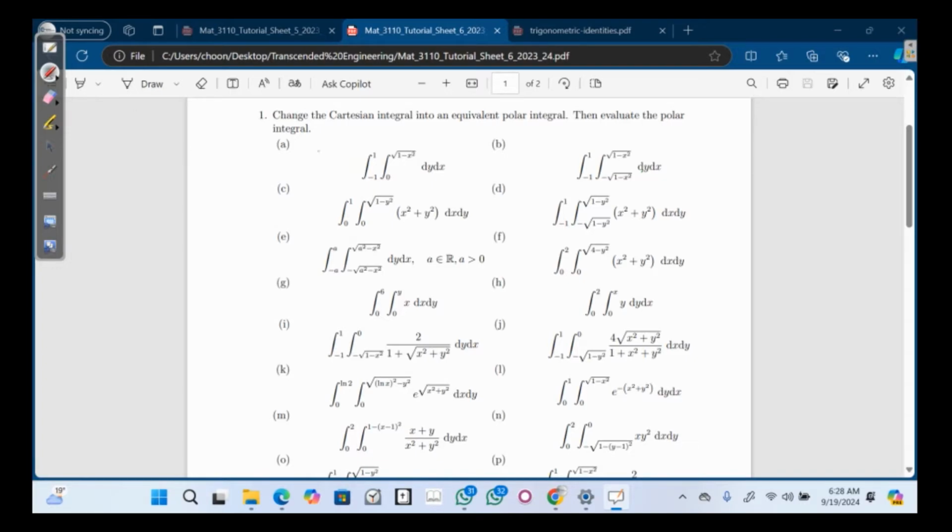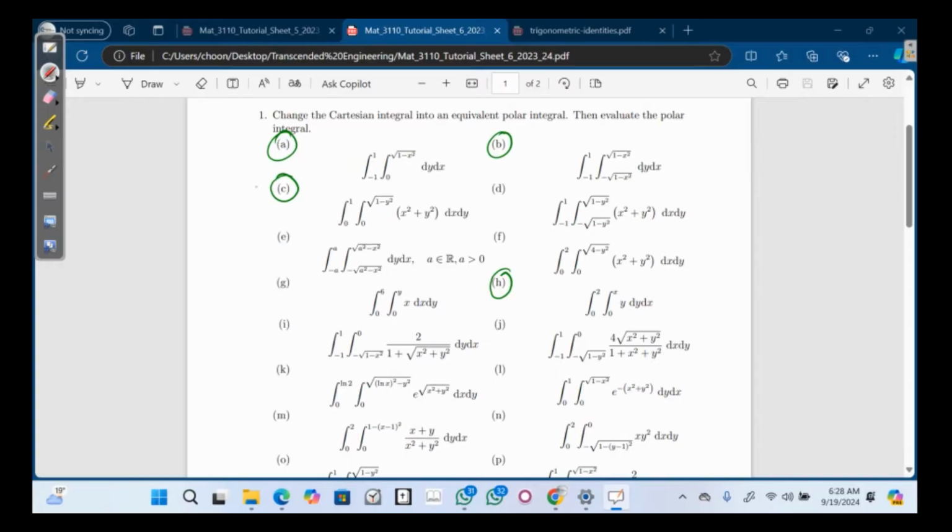So I've picked question 1a, question 1b, question 1c, and question 1h. If you observe, question 1a and question 1c are similar, and I'm specifically talking about the limits of integration, because that's what is interesting about these questions, and that's what you need to pay attention to.